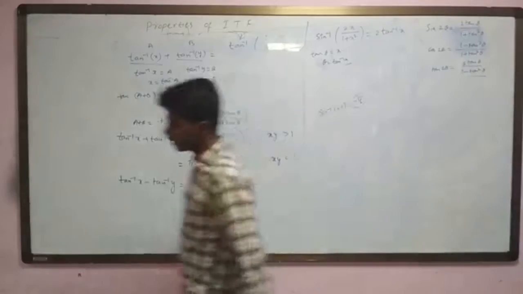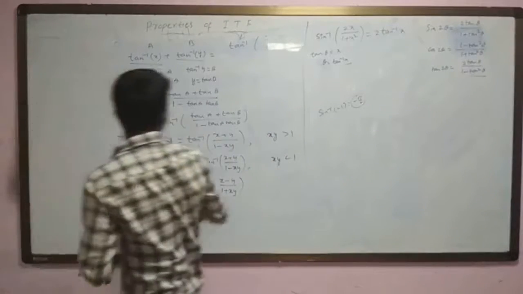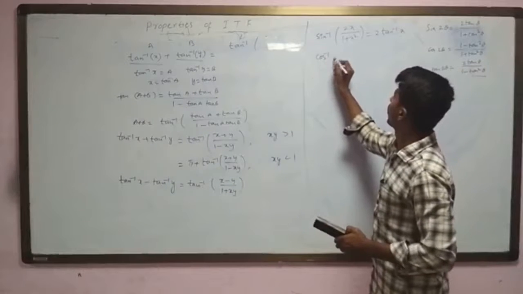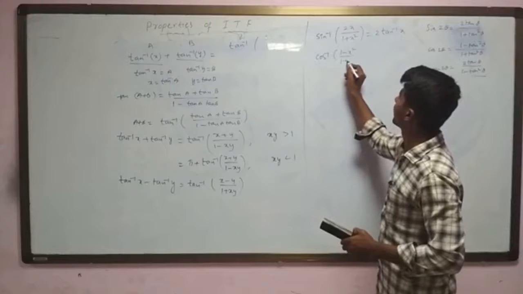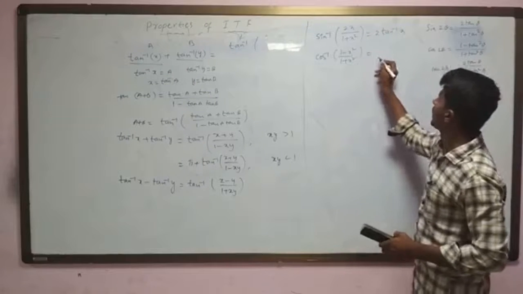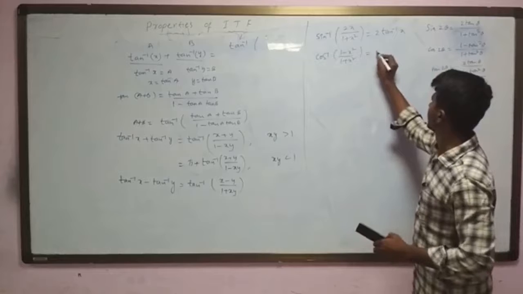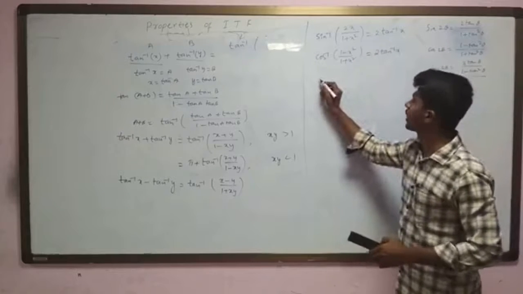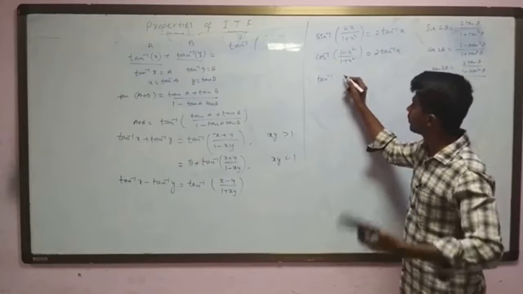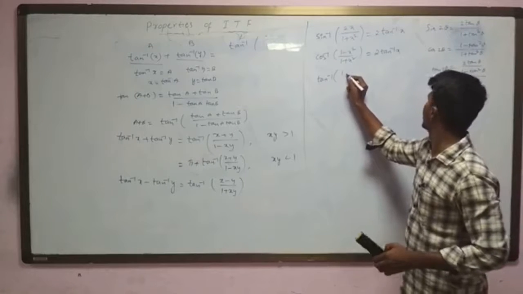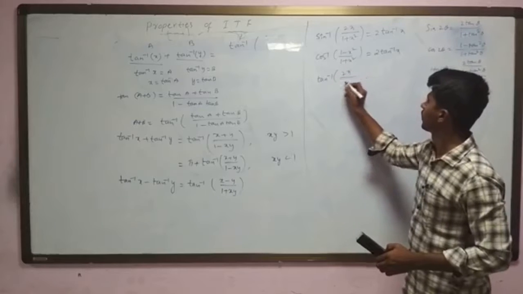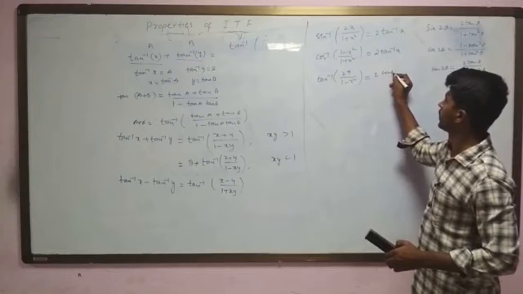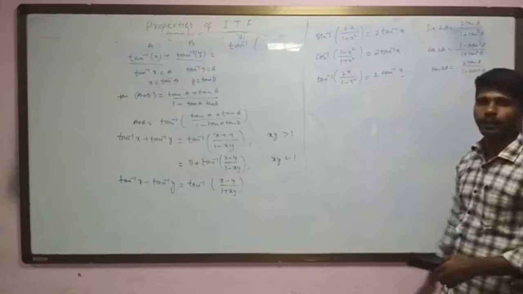In the same way, we can get for cos and tan. Same. So what I get? Cos 2 theta, cos inverse of 1 minus x square by 1 plus x square is equal to 2 tan inverse x. In another way, tan inverse of 2x by 1 minus x square is equal to 2 tan inverse x.